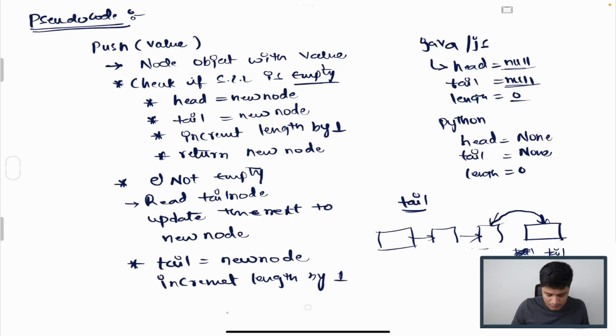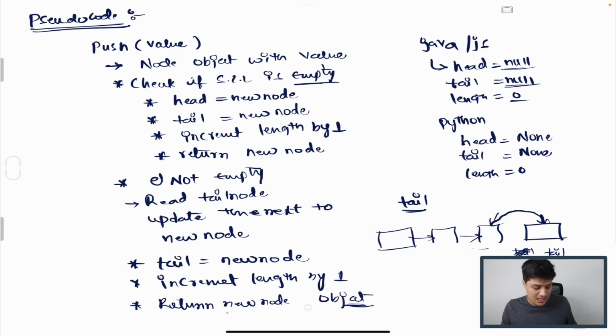In the end, we will simply return the new node object. Okay, so this is the pseudocode for implementing the push functionality on a singly linked list. So remember that there will be two cases. One will be empty singly linked list and the other will be non-empty singly linked list. Okay, so that is how we perform the push functionality, and let's go ahead and try to implement it programmatically as well.